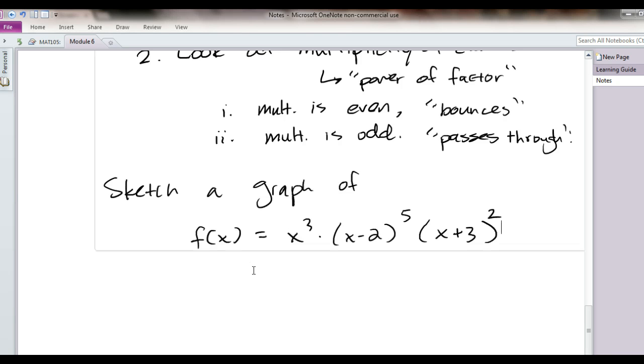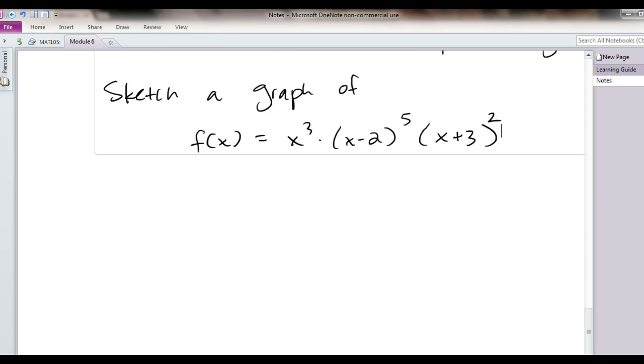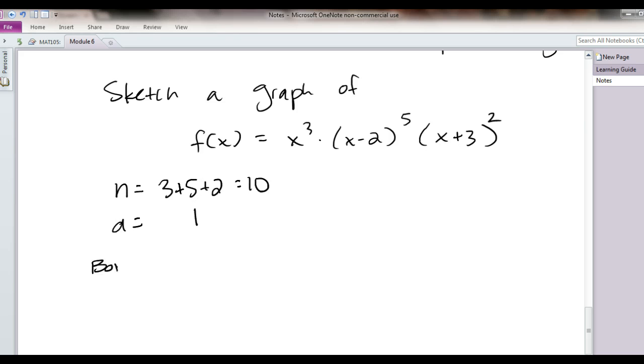Okay, so first of all, we have to determine what is the degree of the function. So the leading coefficient test, we know n is equal to, well, we'd have an x to the third, an x to the fifth would come from the second factor, and an x to the second would come from the third. So 3 plus 5 plus 2 would give you 10. And then we know a is just going to be 1 again. So we know both sides will rise eventually.